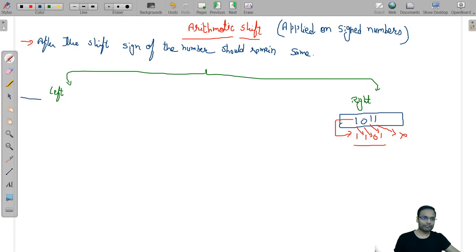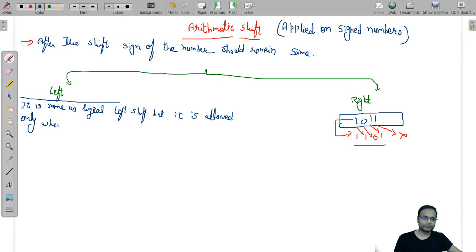Then let's go for the left shift. For the left shift, I am writing the concept here. It is the same as logical left shift, but it is allowed by the CPU only when the sign is not going to change.